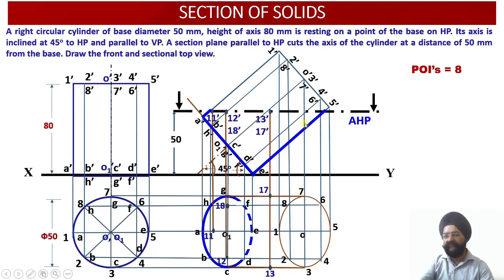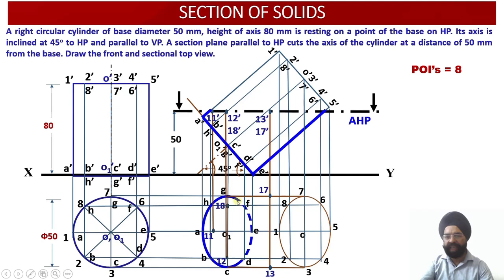Similarly, the second point was 17 dash. It was the point of intersection of the cutting plane with the generator 7 and G. So where does 7 lie? 7 lies here. Where does G lie? G lies here. So this is my plan projector for this vertical generator, which is 7G. So this is the vertical generator.